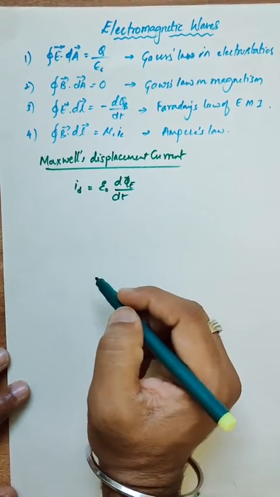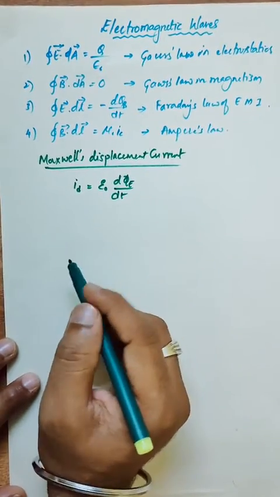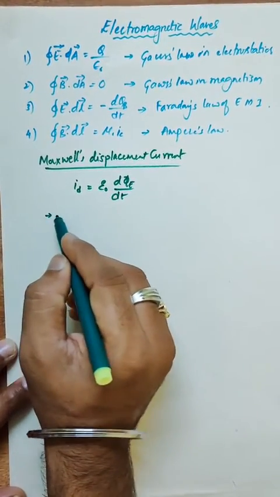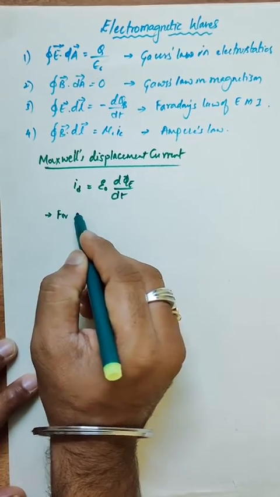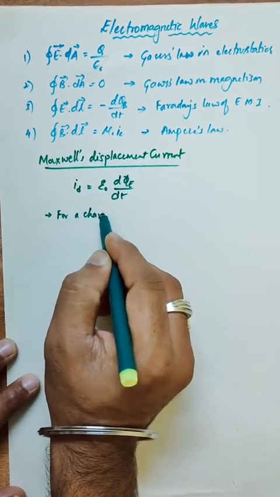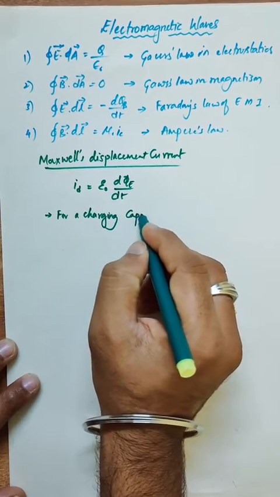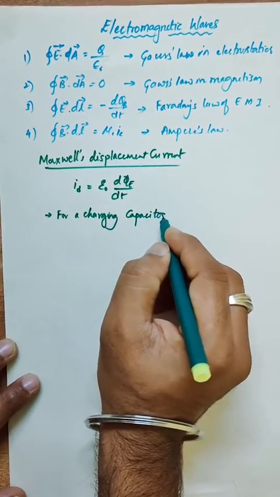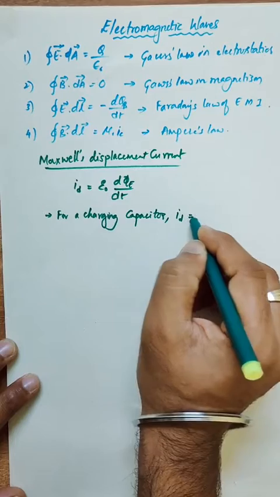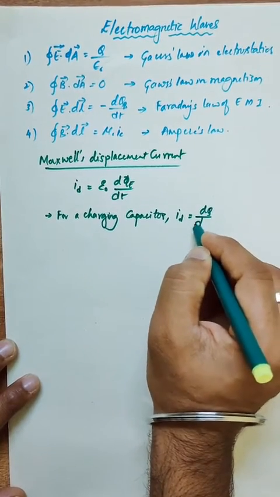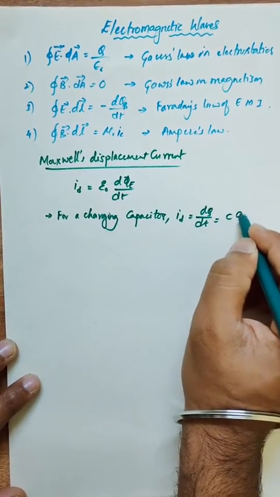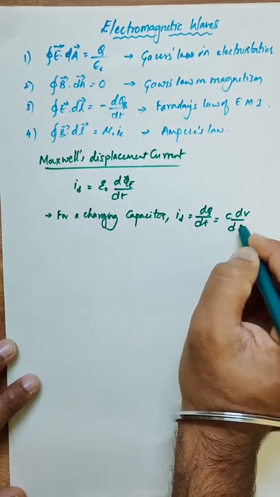For a charging capacitor, we have I D is equal to dq by dt, which is nothing but C into dV by dt.